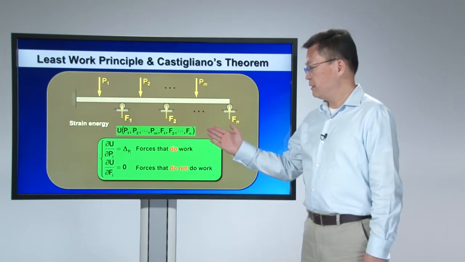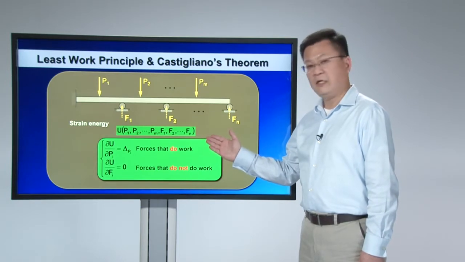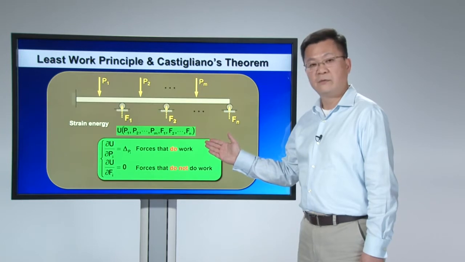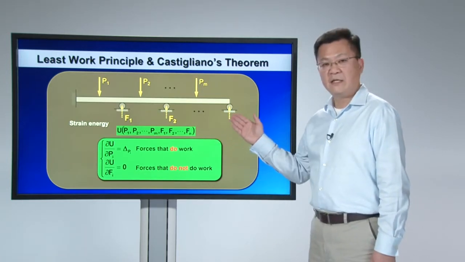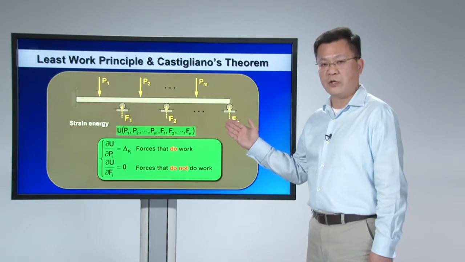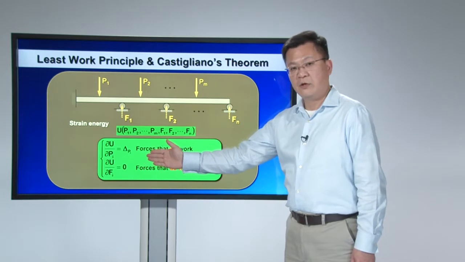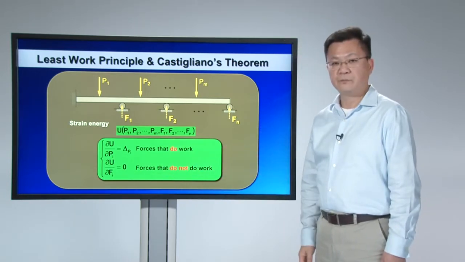If yes, then when you do ∂U/∂force, it should be equal to the corresponding displacement, which is Castigliano principle. If that force cannot do any work on your structure, when you do ∂U/∂force, it should go to 0, which is the least work principle.